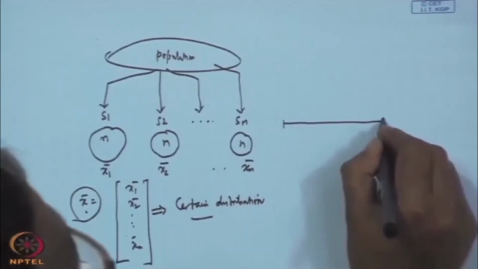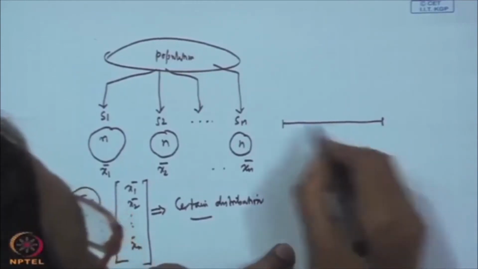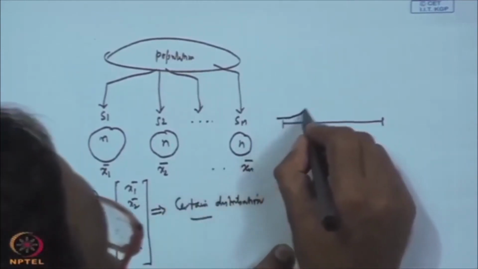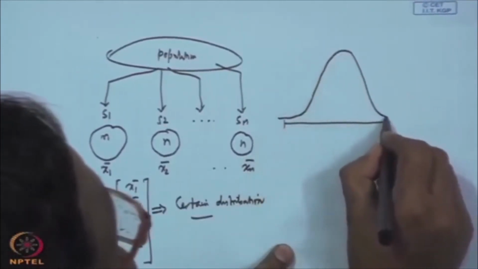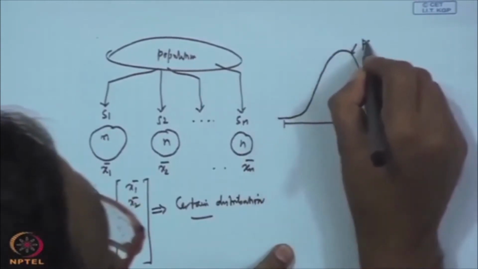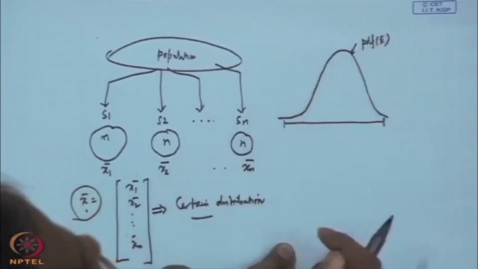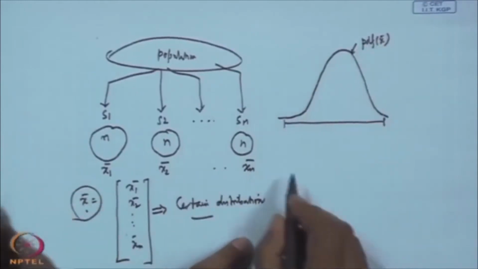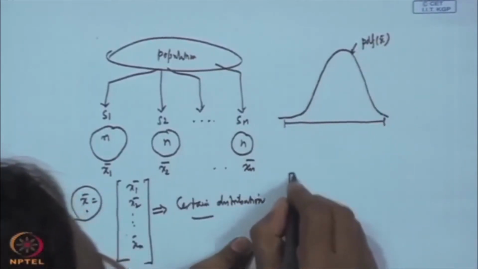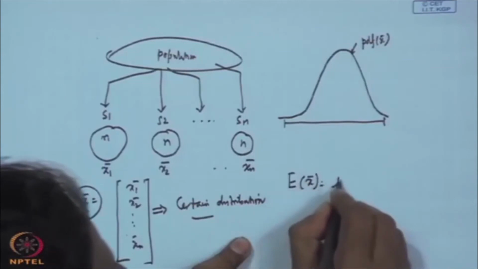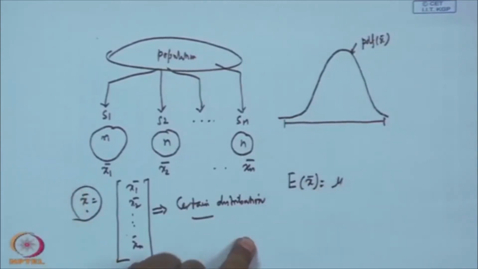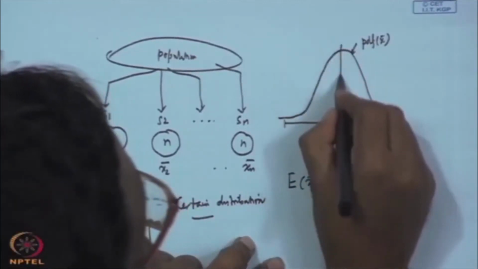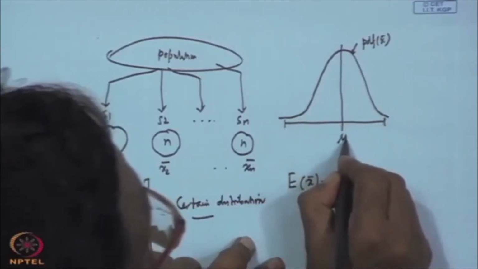By confidence interval, what do we mean? Suppose the distribution of x bar is like this, this is my PDF of x bar, and all of us know now that the expected value of x bar will be mu, because this is the property of unbiased estimation. So, mu is coming here.